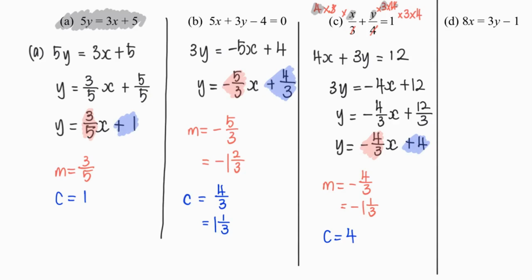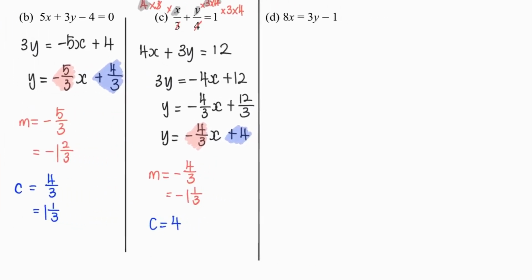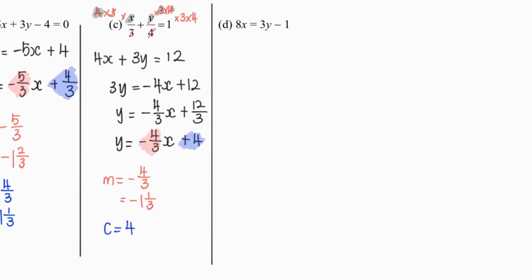Okay. Come, let me shift a little bit so that I have space for my part D. Well, it's the same idea. I'm going to just rewrite this as 3y minus 1 equals 8x. And this is pretty straightforward already.